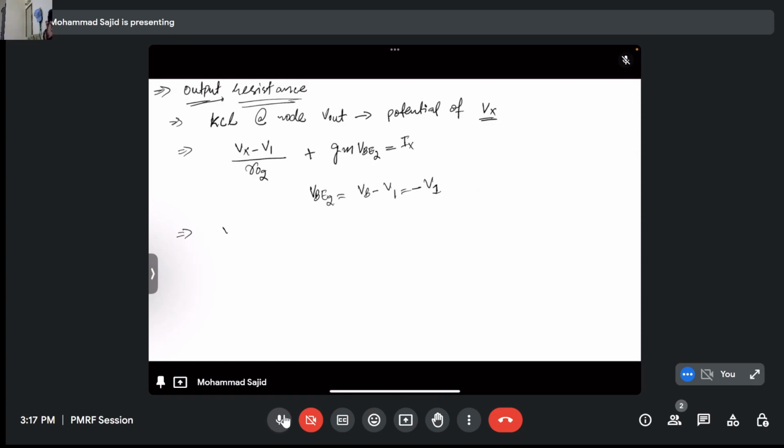So Vx by RO2 minus V1 by RO2 minus Gm V1 is equivalent to Ix. So now the second part in this question would be to find V1, right? So now look here for V1.